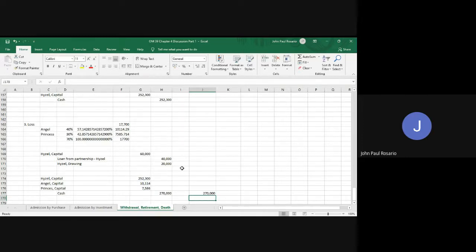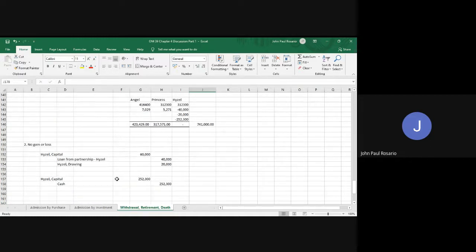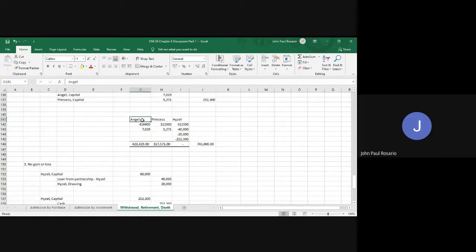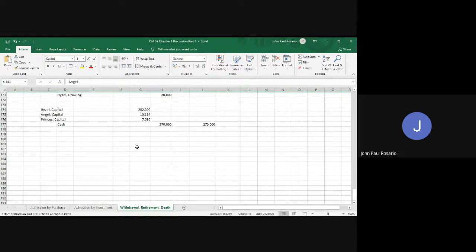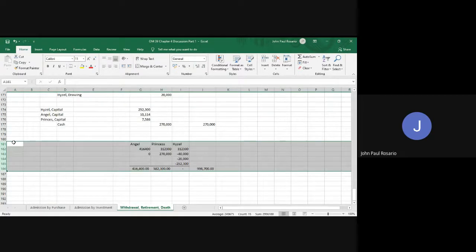So with that, you have finished closing the Hazel capital to zero, and the Angel Capital and Princess Capital have also been adjusted. So if you are asked what the adjusted capital balances of the partners are, it will be the same.